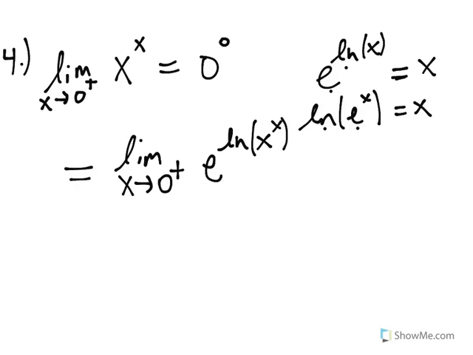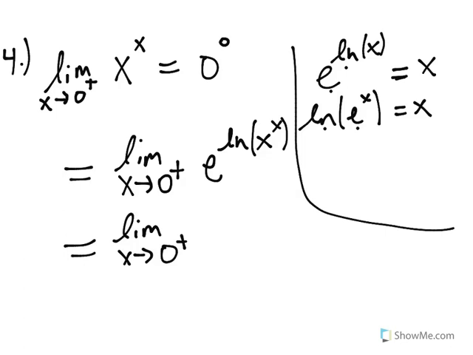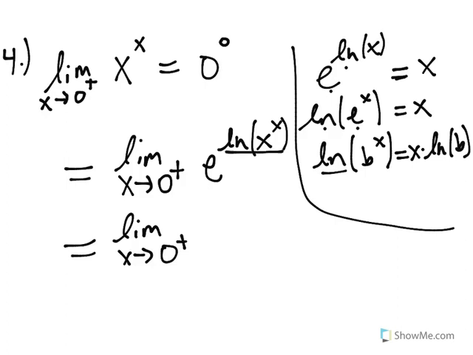Now, you also probably, I hope, remember rules about logarithms and the way that those work. Let me put this in a box over here to say these are some past things you should remember. Another thing you should remember is that the natural log of b to the x is equal to x times the natural log of b. In other words, that exponent can drop down in front if you have a logarithm in there. Okay, so look at what we have up in the exponent now.